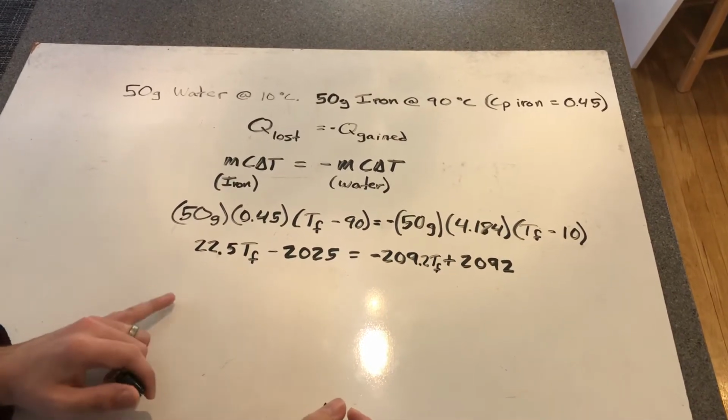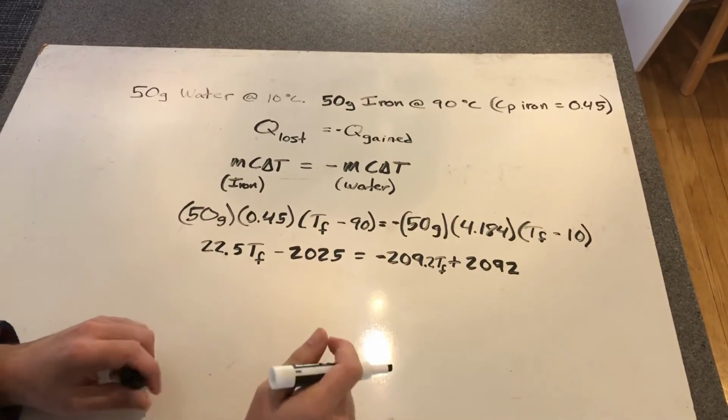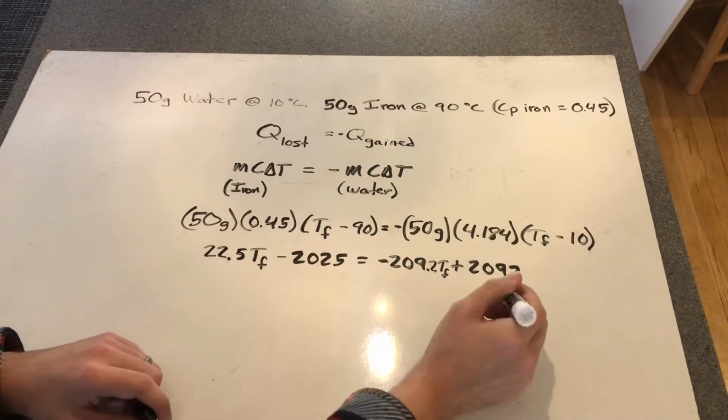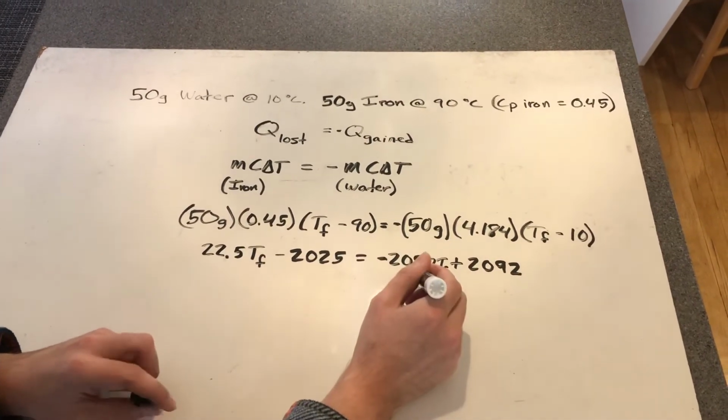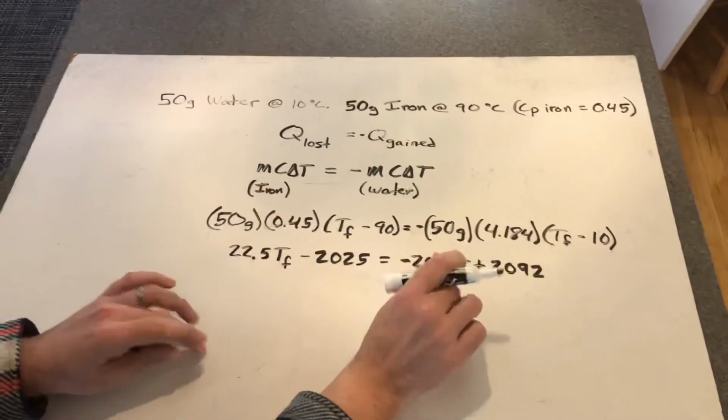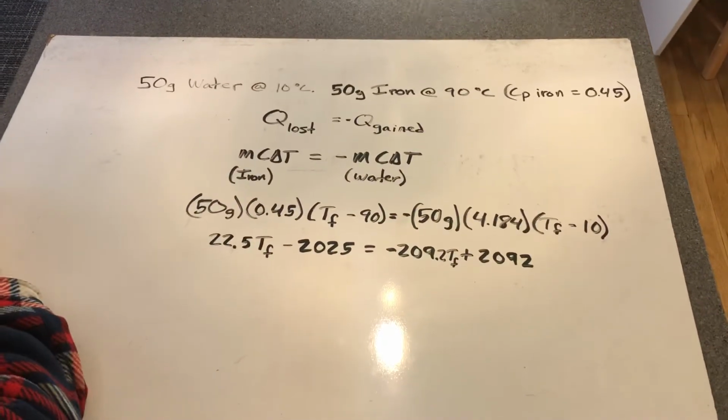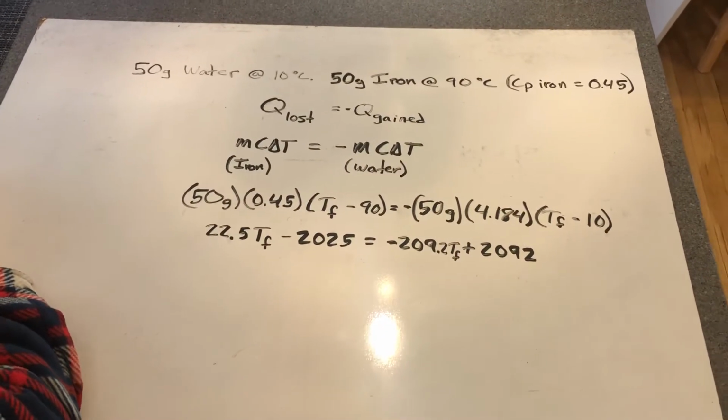So now we want to combine the TFs and the constants. So we're going to add 2025 to each side. We're going to add 209.2 TF to each side. That way both sides will come out positive, and we won't end up with a negative final temperature value.